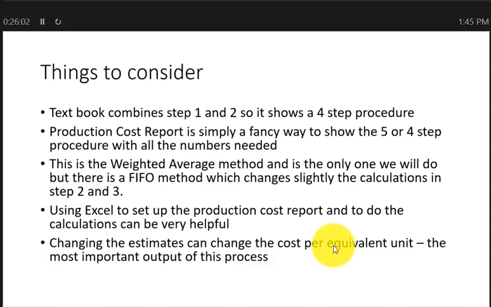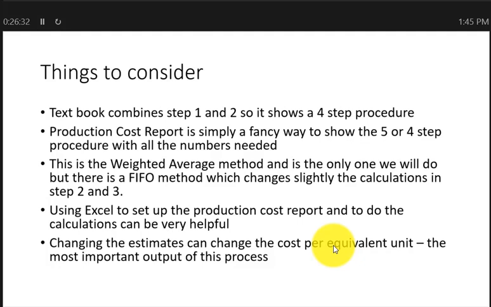We should be comfortable by now in accounting with the idea that there are a lot of estimates. Not everything has an exact answer. If you change your estimates of what percent complete you are, it will change the cost per equivalent unit. So there is room for manipulation by those who might be trying to make it look a certain way.